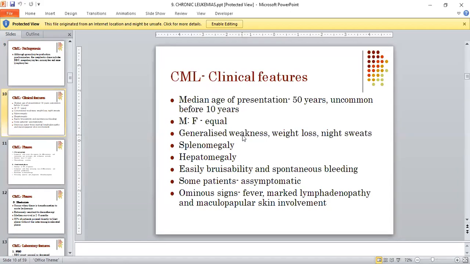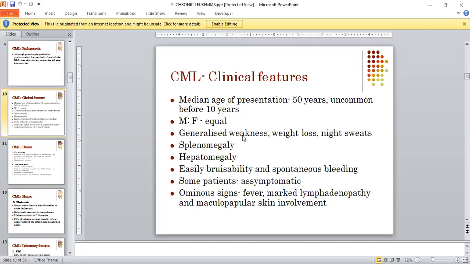The median age for the clinical features is mainly around 50. It's not common in children, and the ratio of males to females affected is equal. What a patient will tell you when they come to you is that they feel generally weak, they've lost weight, they have night sweats.